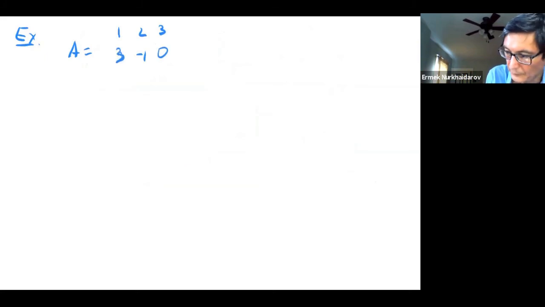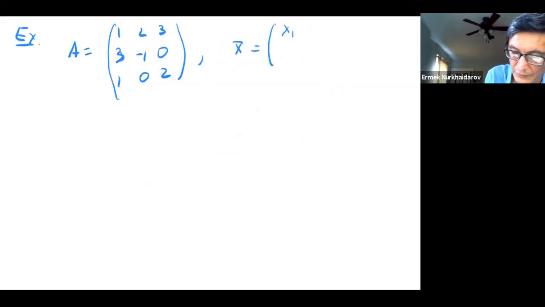So next, a bit more general example. Here we have matrix A, which is 1, 2, 3, 3, -1, 0, 1, 0, 2. We have X, which is going to have 3 entries, X1, X2, X3.